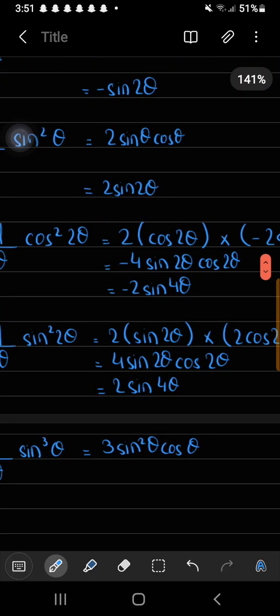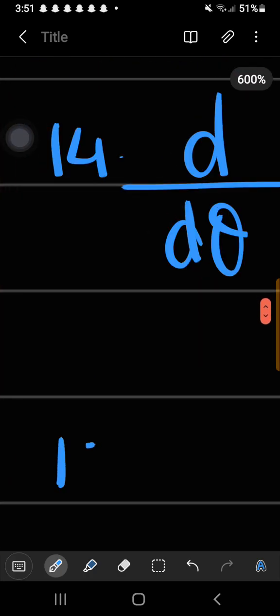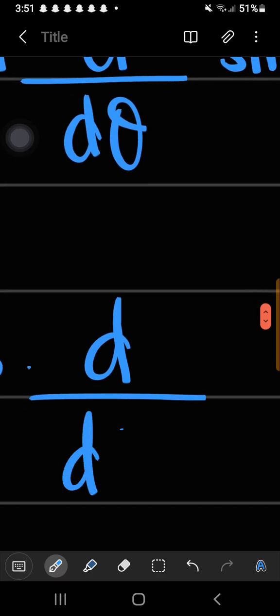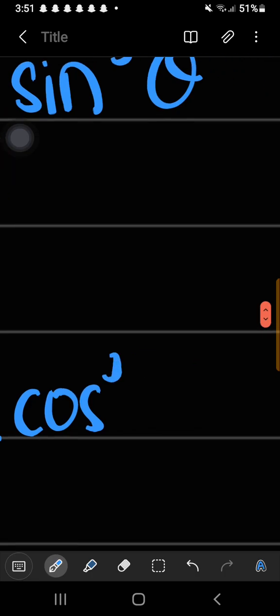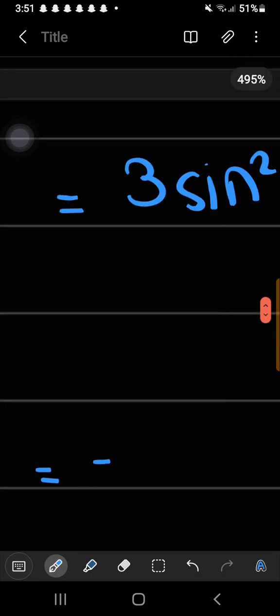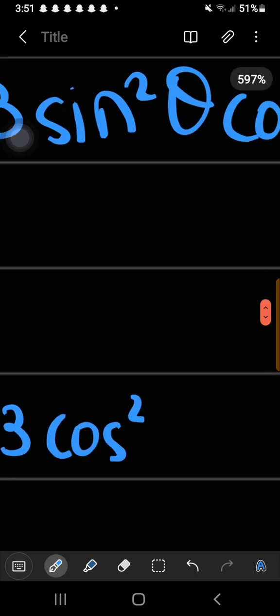Okay, and 15th is d over d theta of cos cube theta, so it will be negative 3 cos square theta sine theta.